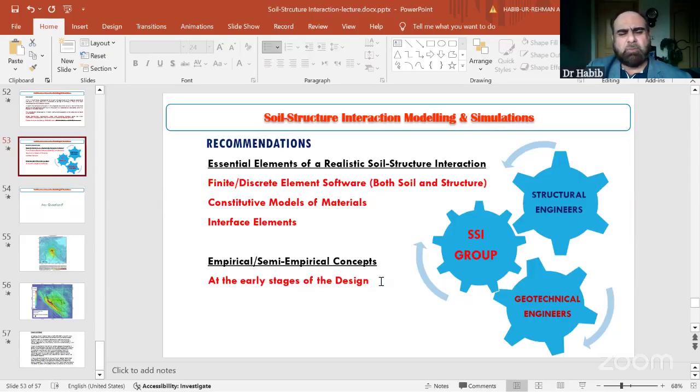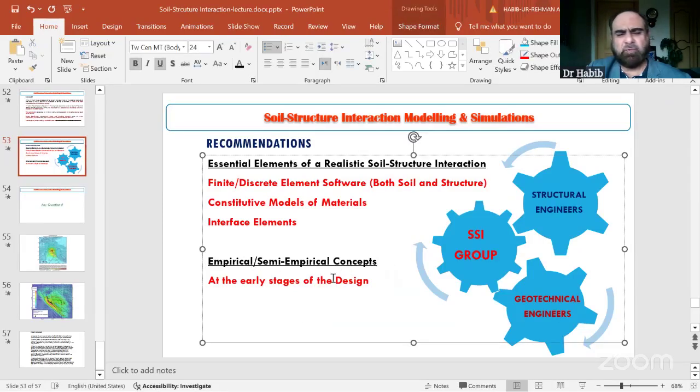Different models. If we look at my last slide, I said that we can have different stages of the project. At the early stages of the design, we can have empirical or semi-empirical approaches just to get an idea where we stand, whether this project seems to be feasible or not. This is just for the rough assessment.